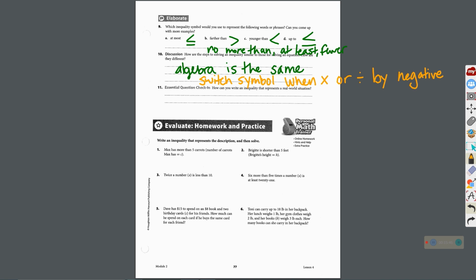How can you write an inequality that represents a real-world situation? Well, we just demonstrated several. You start with building each expression and then comparing them with whatever symbol fits the problem.